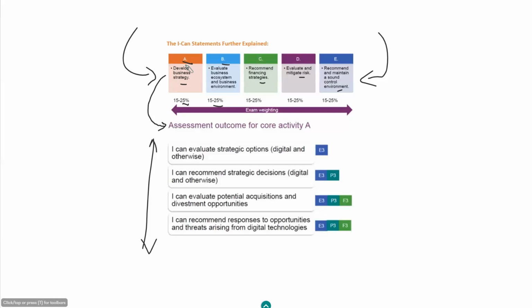So under developing business strategy, you will have to take account of strategic options. You should be able to recommend strategic decisions. You should be able to evaluate potential acquisitions and divestment opportunities. And you must be able to recommend responses to opportunities and threats arising from digital technologies.